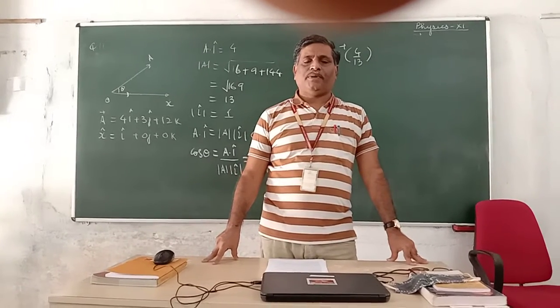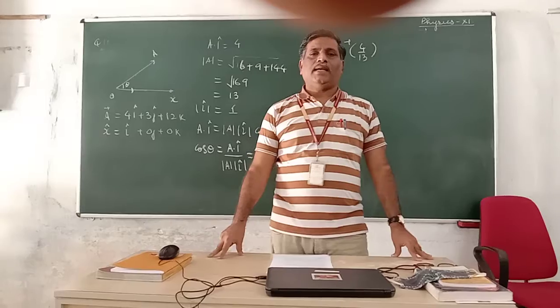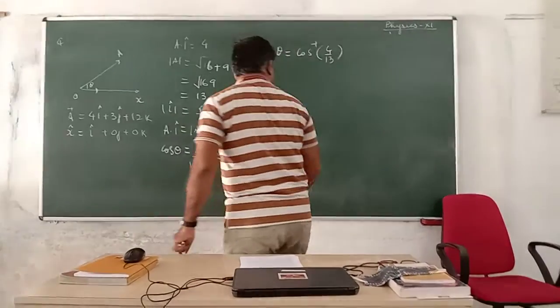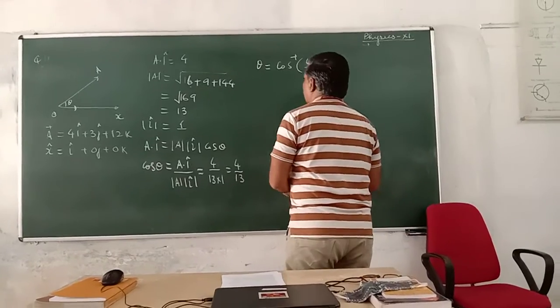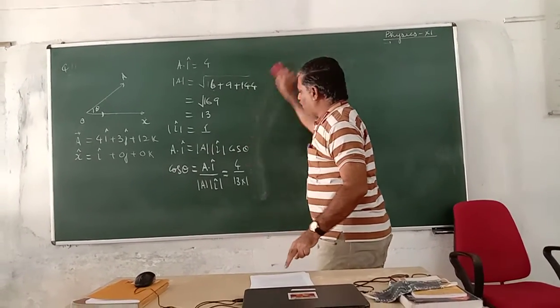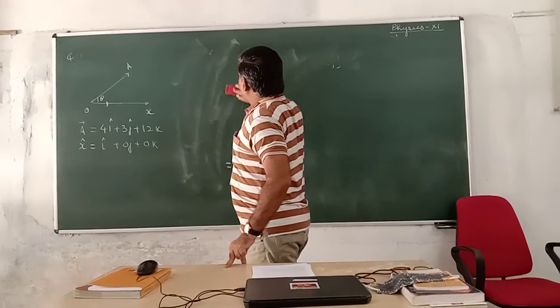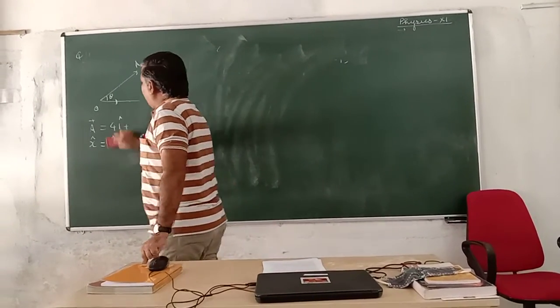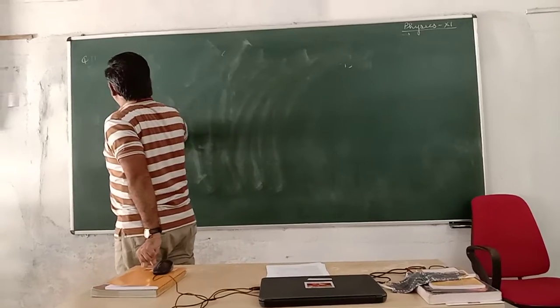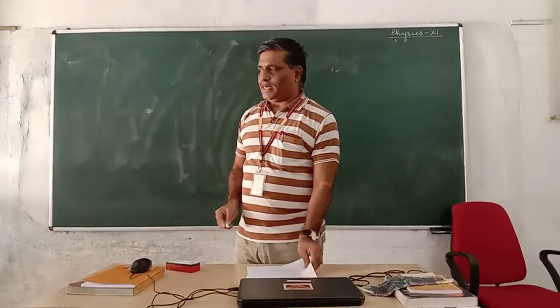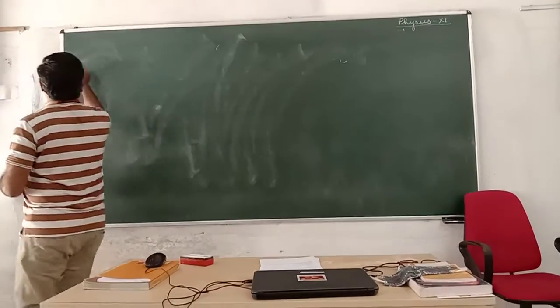Third, they are perpendicular to each other. And fourth, nothing can be said. Let us see which statement is true. Perpendicular means the angle is 90 degrees, and parallel means the angle is 0 degrees. So let us find the angle between them.